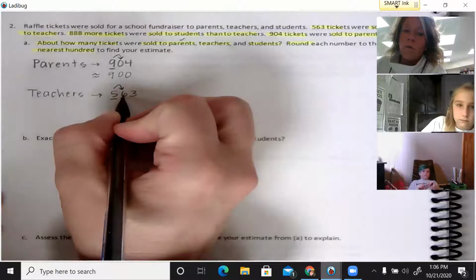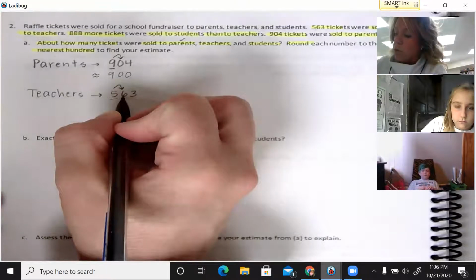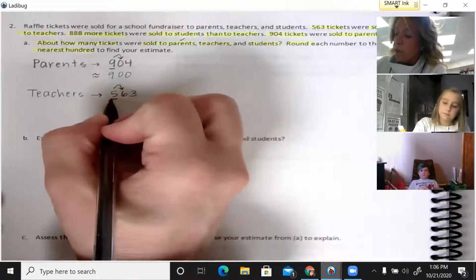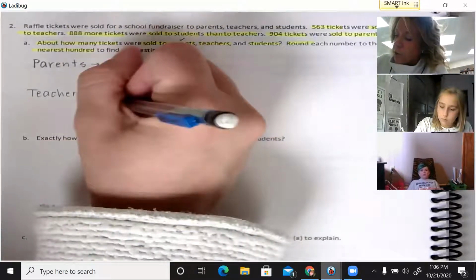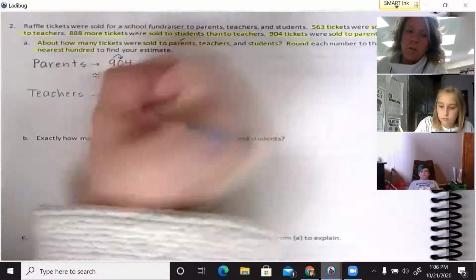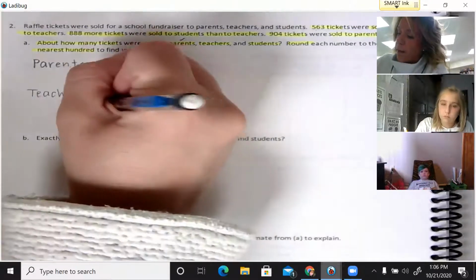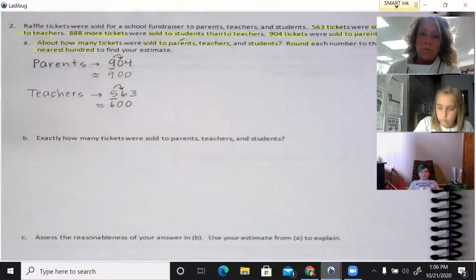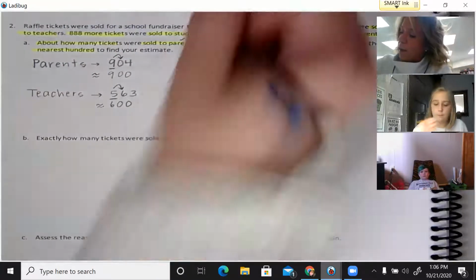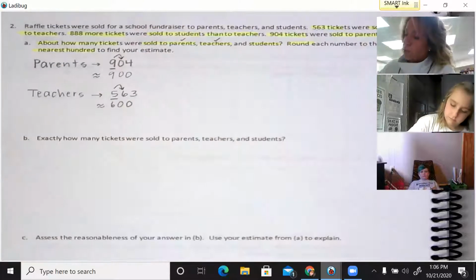So this 6 is more than 5. So when I raise the score, this underlined number raises 1. So the 5 turns to a 6 and the rest turn to zeros. So there's about 600 tickets sold to the teachers. Now, check that off. So we did the teachers.